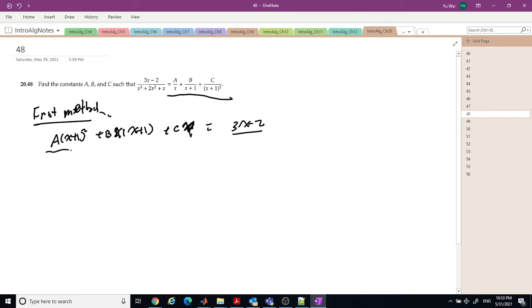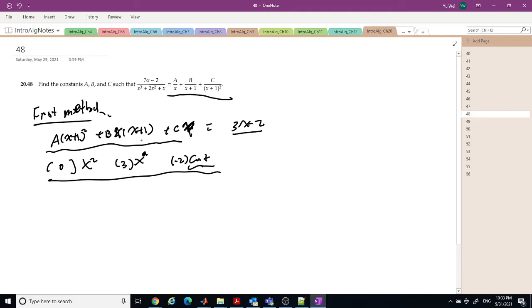Then you can organize. You can see the x squared term is 0, the x term should be equal to 3, and the constant should be equal to negative 2, right? Then you can solve the equations. This is the first method.